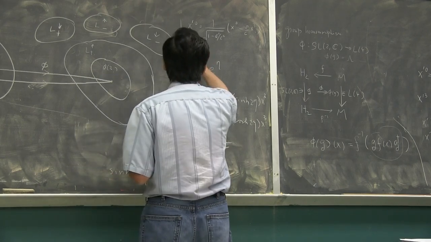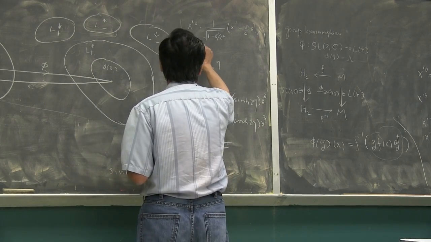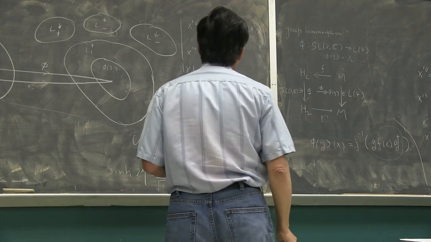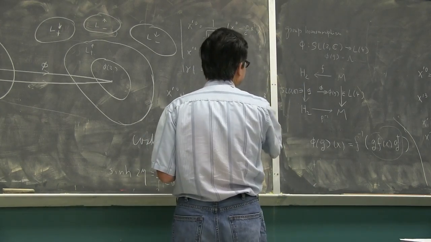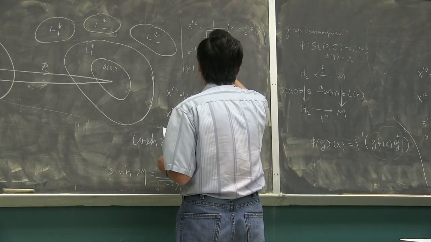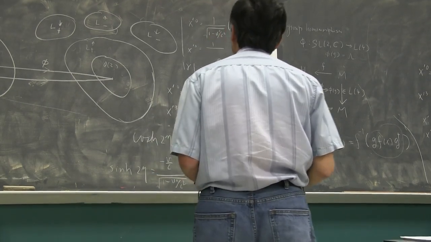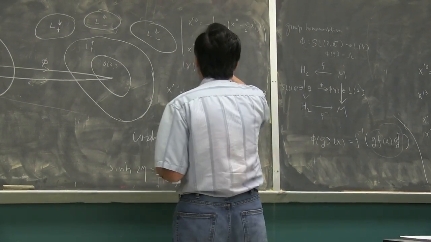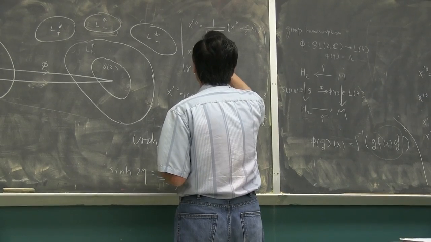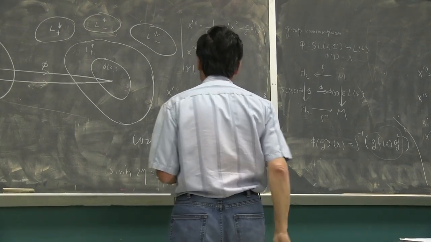And then x prime 3 is equal to 1 over 1 minus v square over c square.